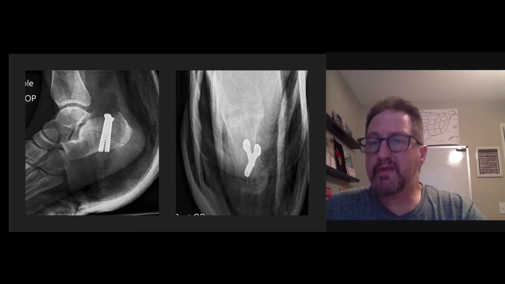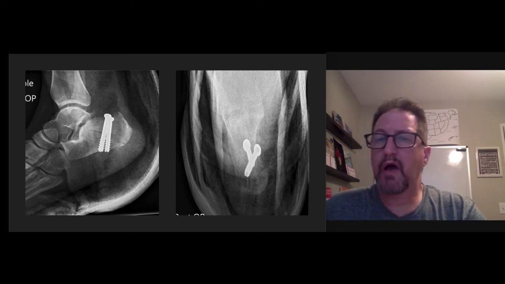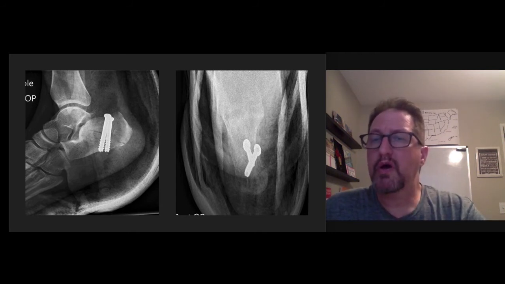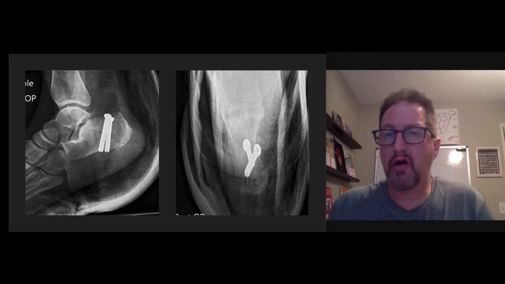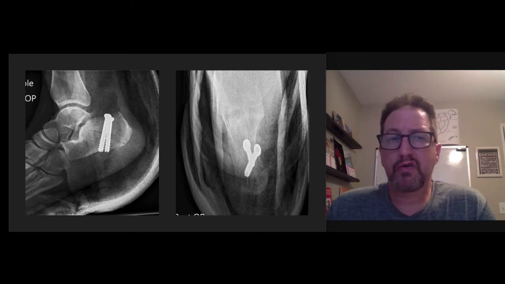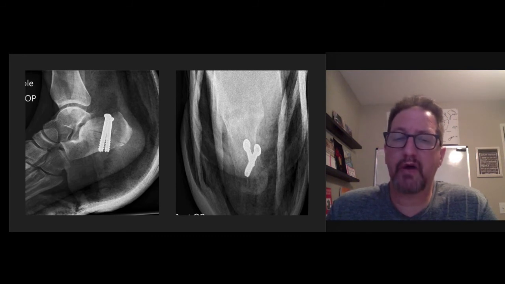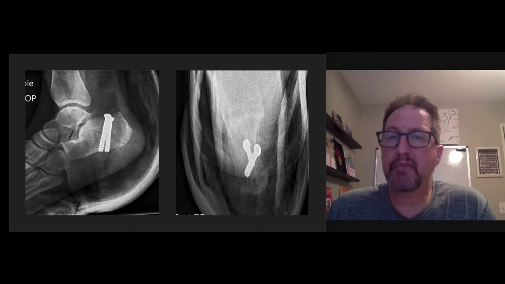So if we didn't have a good strong fixation here, then the Achilles would end up pulling on that superior fracture, and this patient would have trouble healing. So these were 2 compression screws, and if you think back to the questions that you've been asked about types of screws, these would be lag by design because they're partially threaded screws.